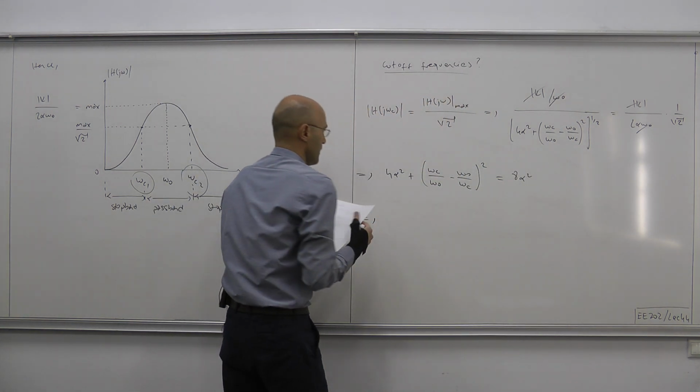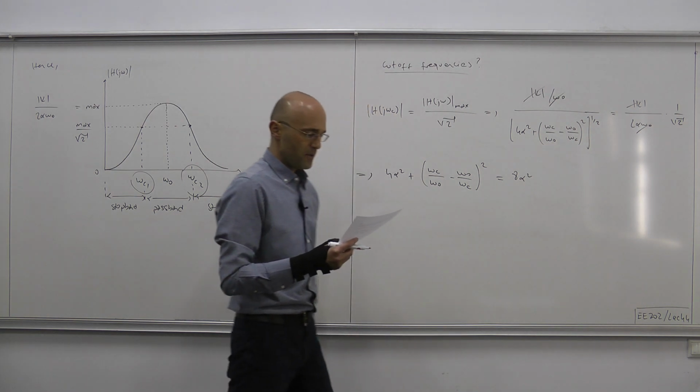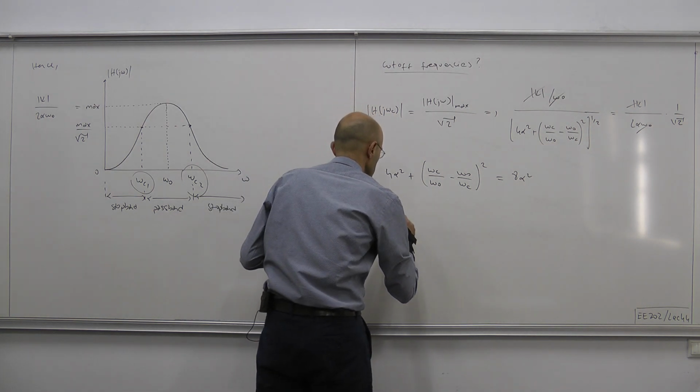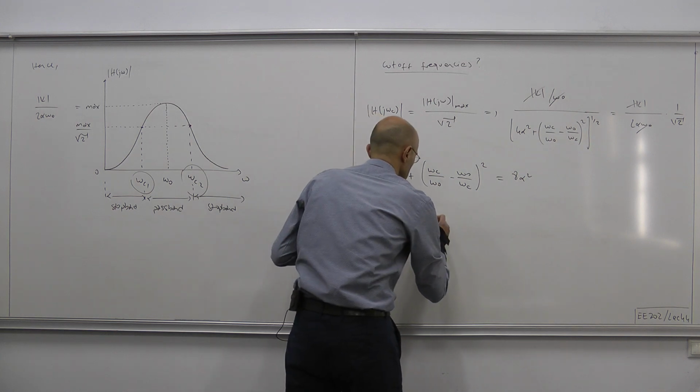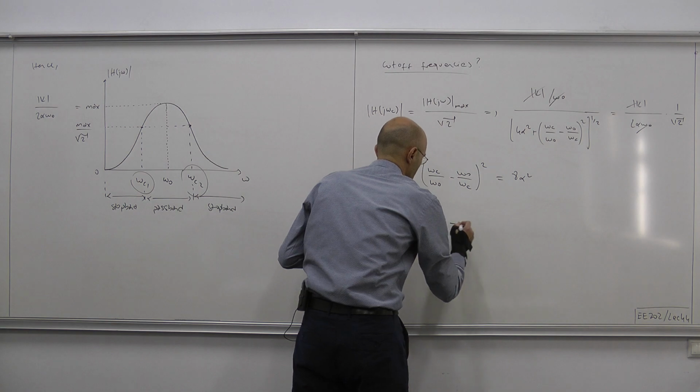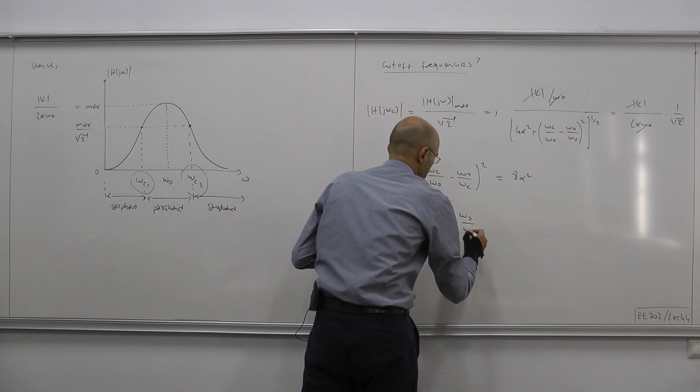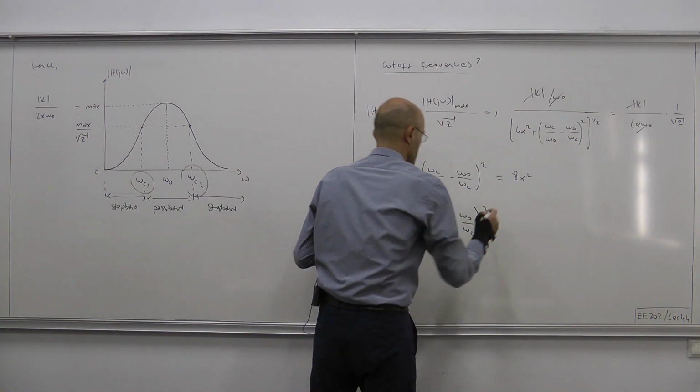Taking 4 alpha squared to the other side, which we can write as 2 alpha squared, gives 4 alpha squared equals (omega c over omega 0 minus omega 0 over omega c) squared.